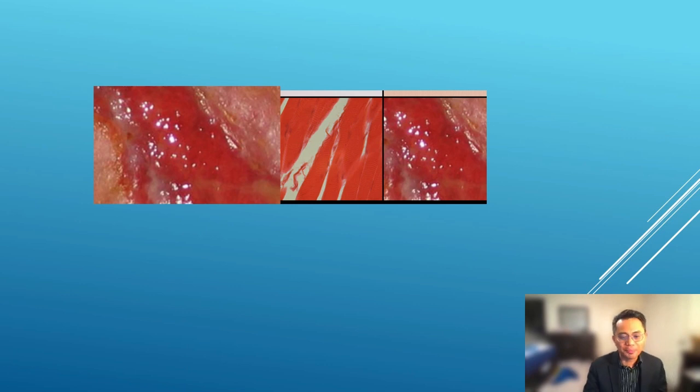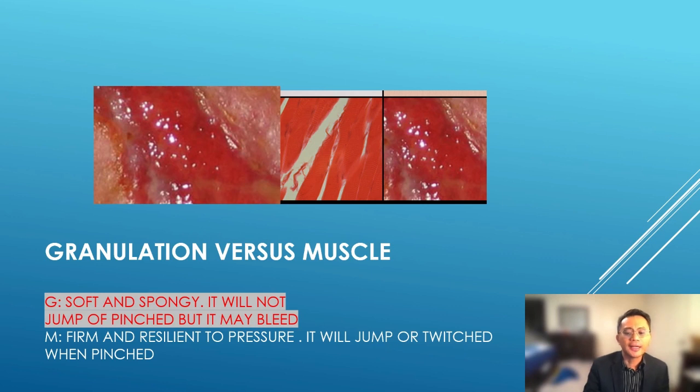The best thing to do is to palpate the tissue with your finger. A granulation tissue usually is soft and spongy, and it will not jump or twitch if pinched, but it may bleed.